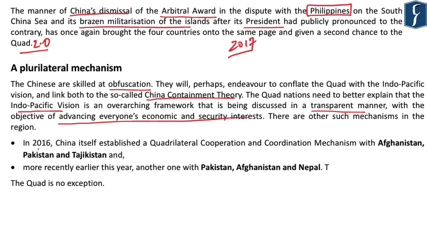For example, in 2016, China itself established a quadrilateral cooperation and coordination mechanism with Afghanistan, Pakistan, and Tajikistan. More recently, another quadrilateral group has been formed by China with Pakistan, Afghanistan, and Nepal. China has roped in Nepal as well in its Silk Route project. So the quadrilateral security group involving India, US, Japan, and Australia will not be any exception.